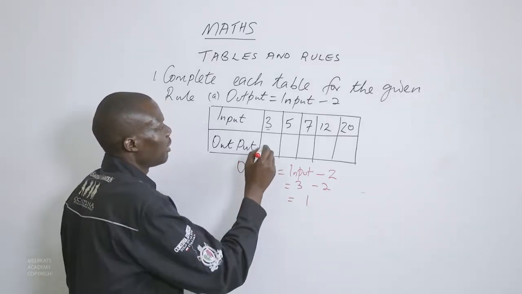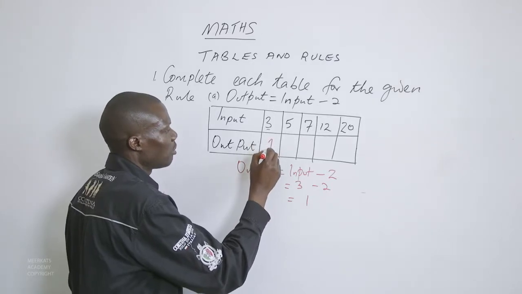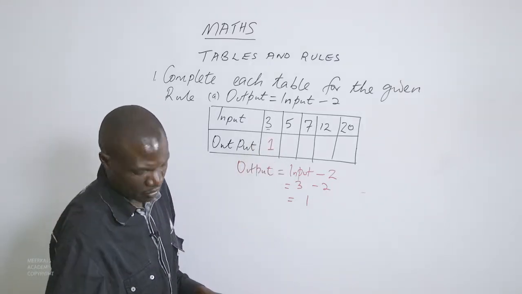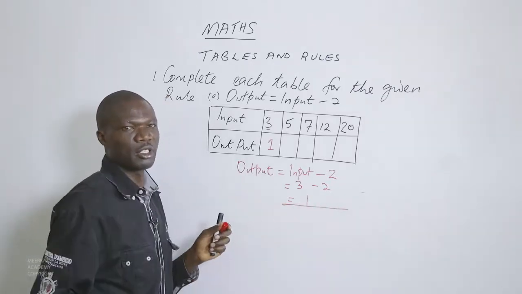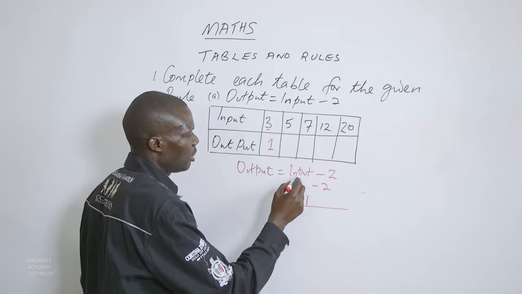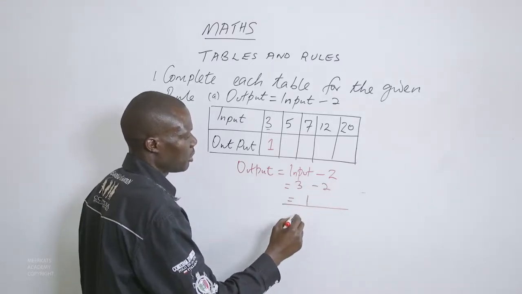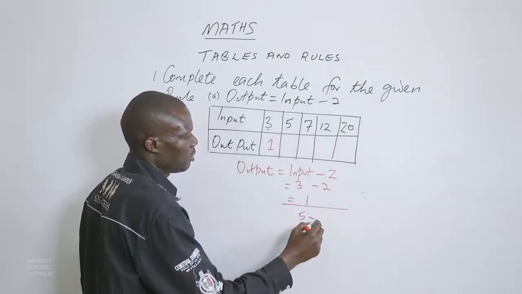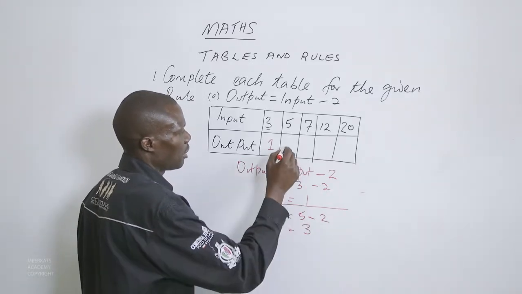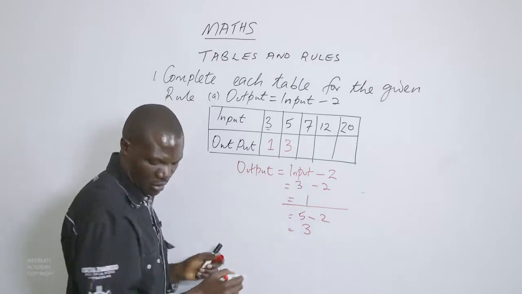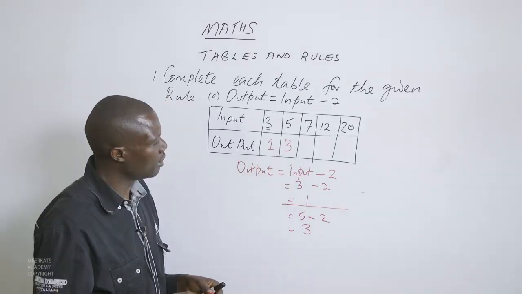So you find that this part is 1. For the second part, by substituting, input is 5, minus 2, then the answer here is 3. So I'll expect us to have 3 there.